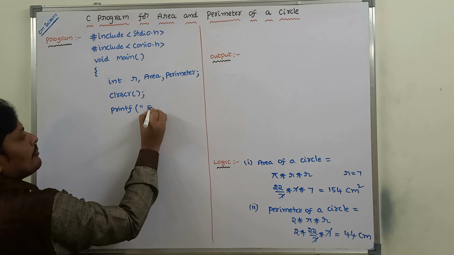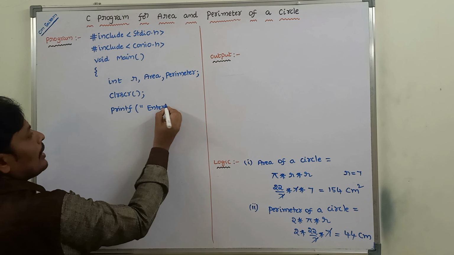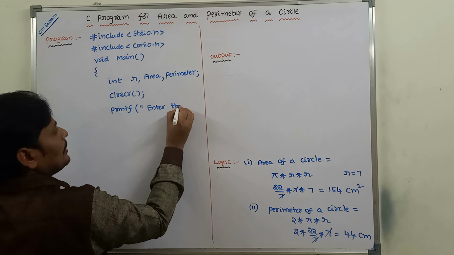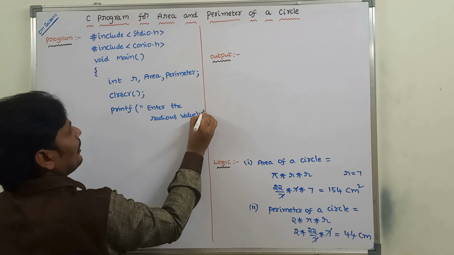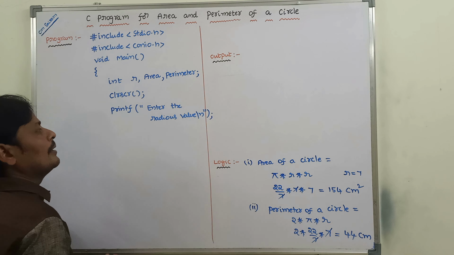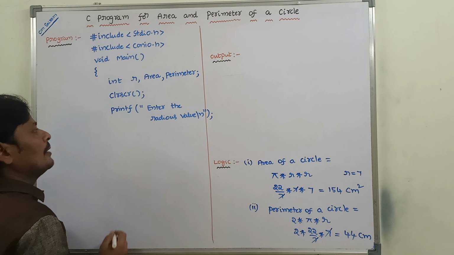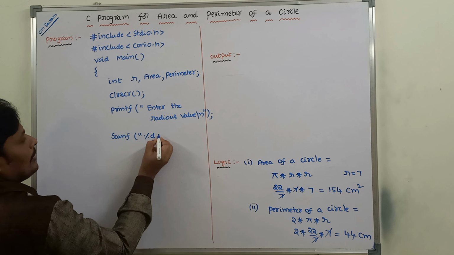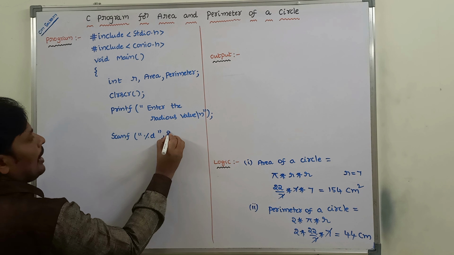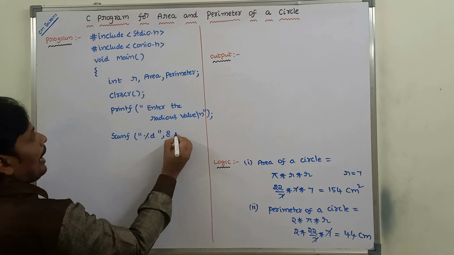The radius value is read from the keyboard by using the scanf function. So scanf %d in double quotes, comma, ampersand r.